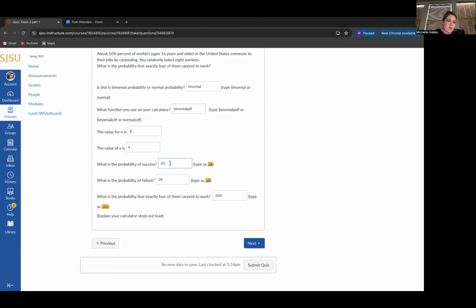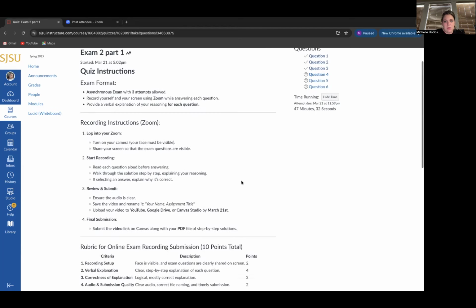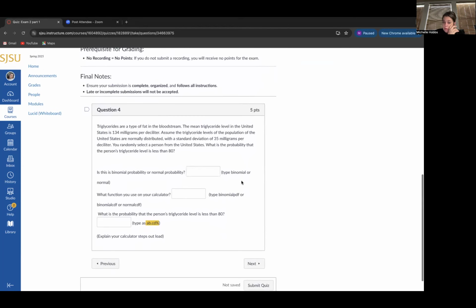Probability of failure is actually, trying to read the calculator right. I'm still not great at that. Wait, the probability. I think that was right. Okay, hopefully that's right. Oh, all right.